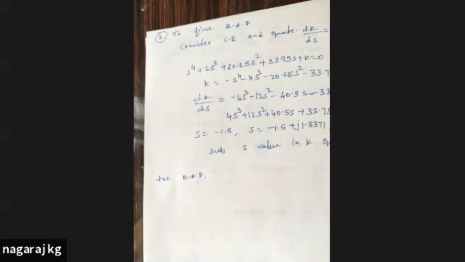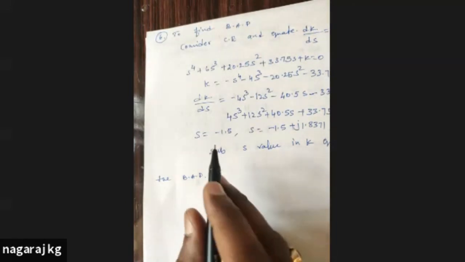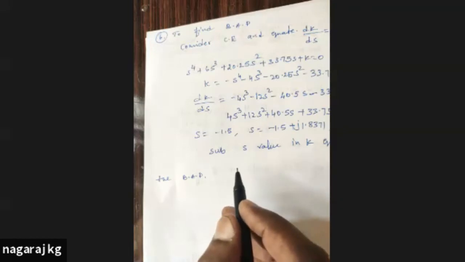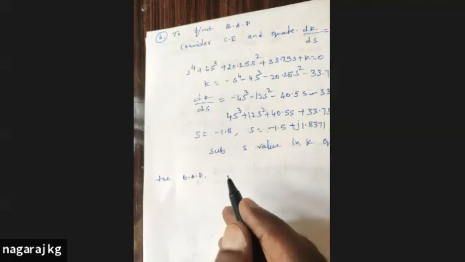When you substitute the s value in the K equation, if you get K as positive, then that will be a breakaway point. If you get it as negative, then that will not be a breakaway point.